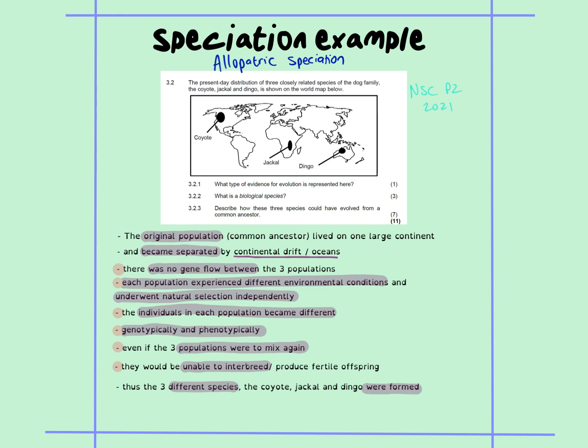And then just tailor make it so that if there are compulsory marks in the question, like this was a compulsory mark for the 3 populations and naming the 3 species, then you are getting those 2. Because otherwise you're only going to get a maximum of 5 out of 7. So you want to make sure you are good at tailoring the answer to the specific question that they ask you.